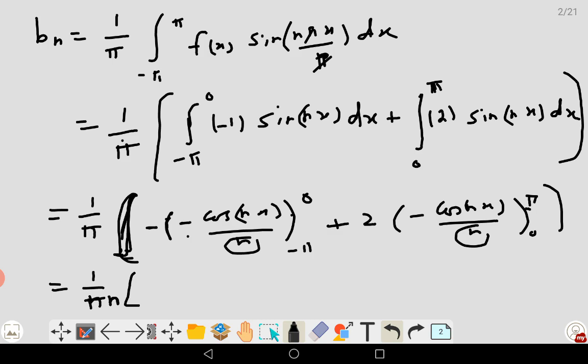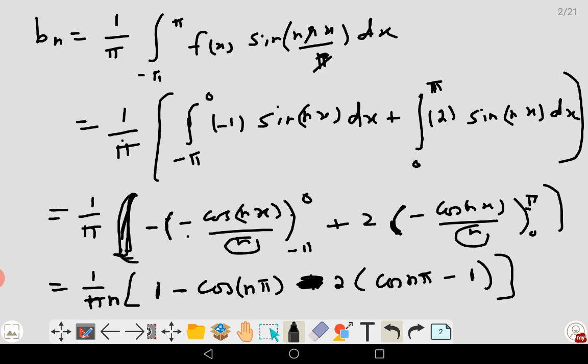Cosine of 0 is 1, minus cosine of negative n pi, that is cosine n pi, plus 2 times minus, because minus is outside, cosine n pi minus cosine 0, which is 1.